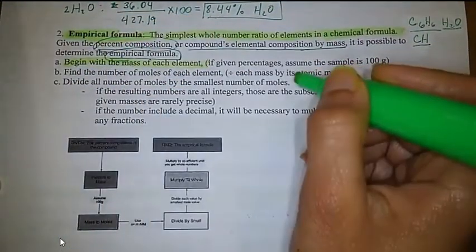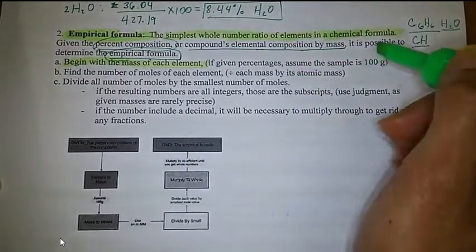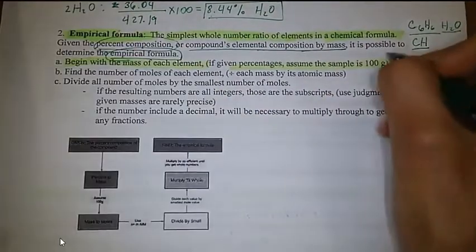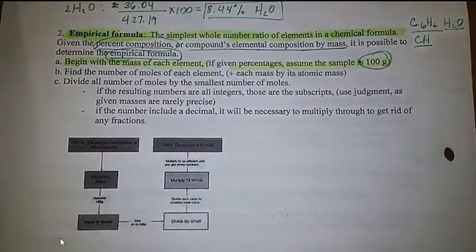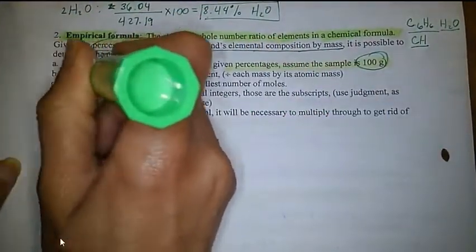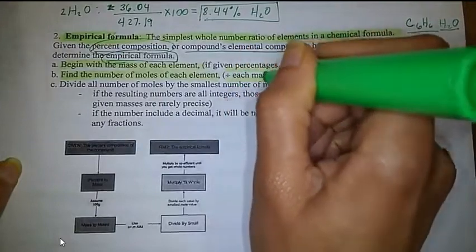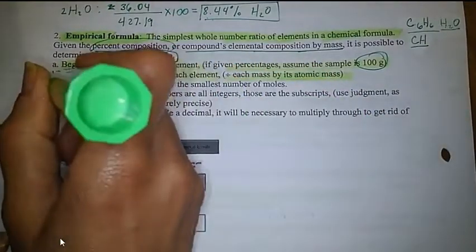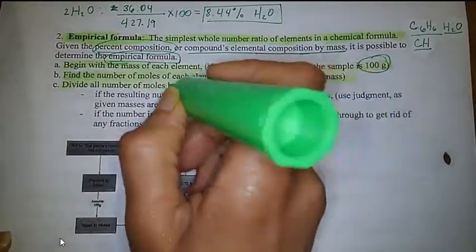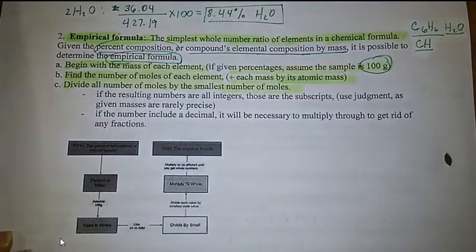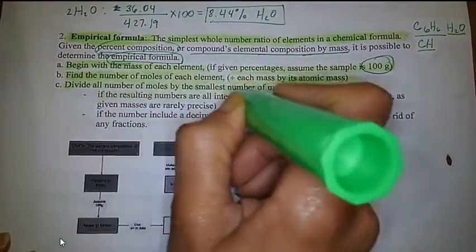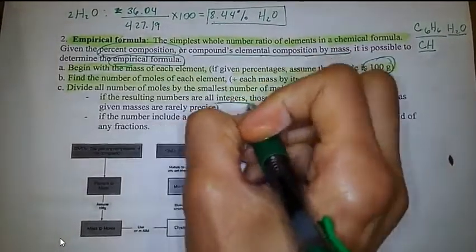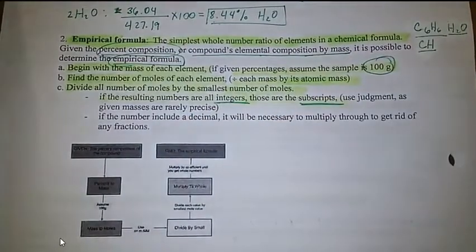If the percentages are given to you, then assume 100 grams of that sample is present. Then you find the number of moles of each element by dividing each mass by its atomic mass. Then you divide all the numbers of moles by the smallest number of moles. If the resulting numbers are whole numbers or integers, then they are the actual subscripts of the formula.